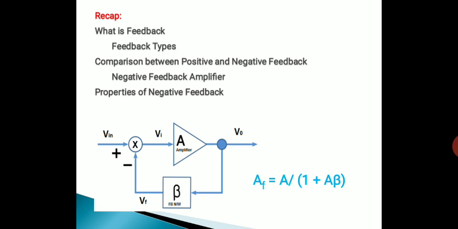We saw a quick comparison between the two, and then in detail we discussed the negative feedback amplifier by considering its basic block diagram as shown here, and derived its voltage gain, which is given by AF equal to A by 1 plus A beta. From this we saw that the gain of the negative feedback amplifier decreases with negative feedback, and also listed other properties of negative feedback.